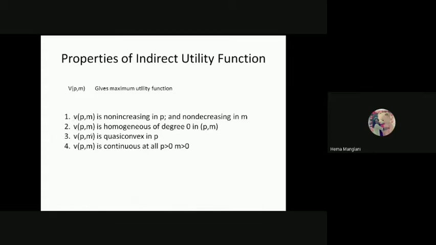That depends on the elasticity too, but it is continuous whenever it is getting changed, then this is also changing. So this follows the property of indifference curve, and here we have these two important properties, that it is homogeneous of degree 0 and quasi-convex. So keep these properties in your mind.